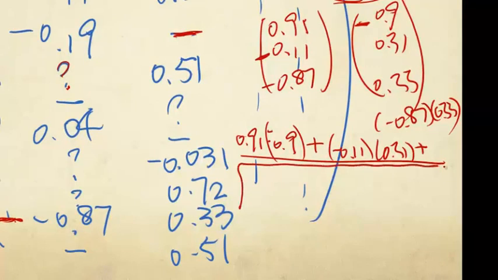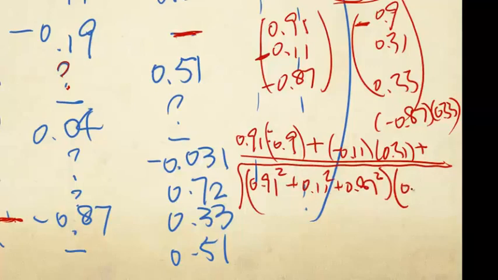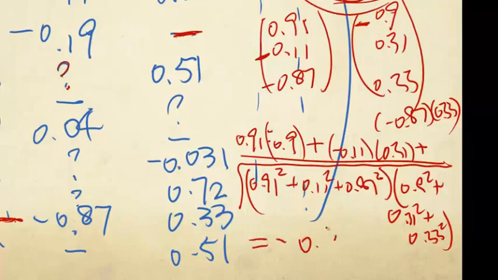So the square root of 0.91 squared plus 0.11 squared plus 0.87 squared, times 0.9 squared plus 0.31 squared plus 0.33 squared. This is the formula for the cosine similarity coefficient DBC, which turns out to be minus 0.84.